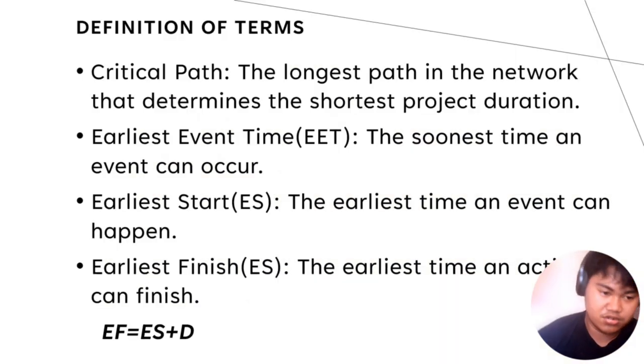Definition of terms. First, critical path: the longest path in the network that determines the shortest project duration, or the shortest time to complete the project. Earliest event time or EET: the soonest time an event can occur.